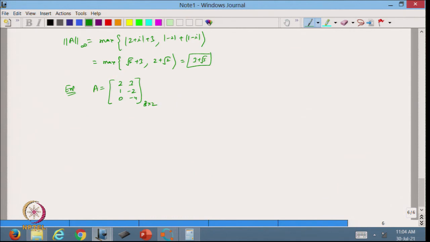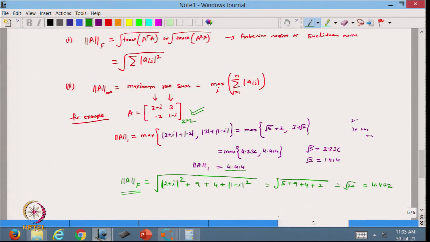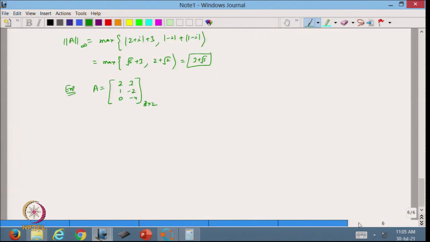Now, after defining this, I want to see, because we have seen here that the matrix norms and the vector norms look similar, I want to define one condition here. We have seen the Frobenius norm in vector form and also in matrix form.